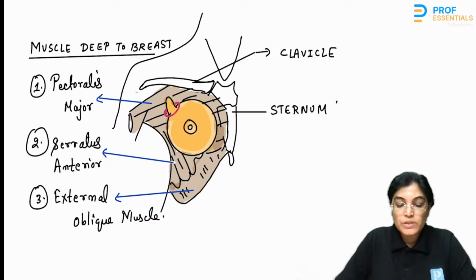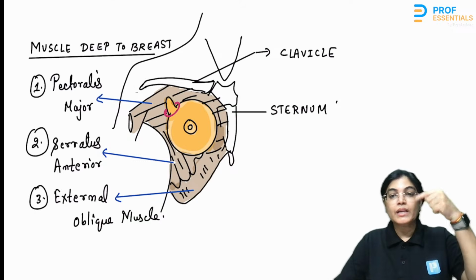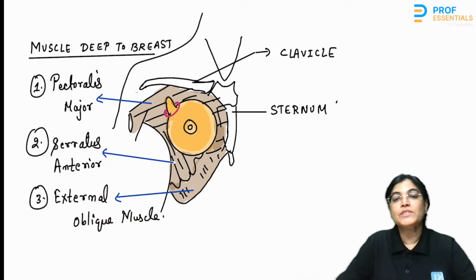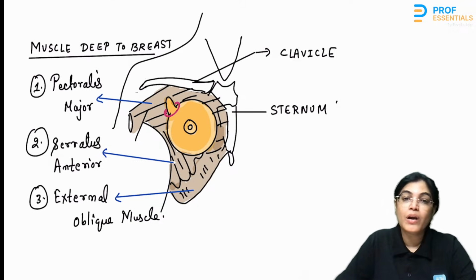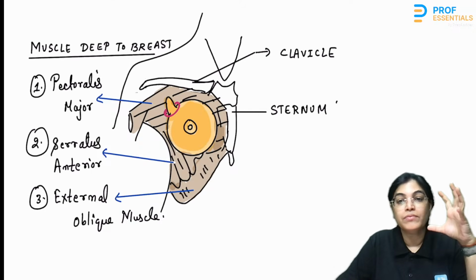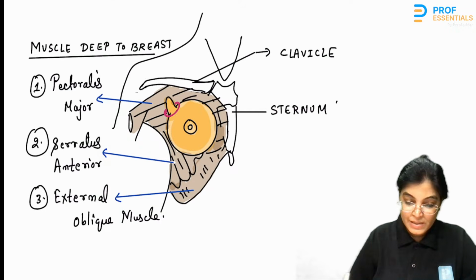And can you see this red encircled structure? That is the foramen of Langer, an opening in the axillary fascia for the passage of the axillary tail of the breast.